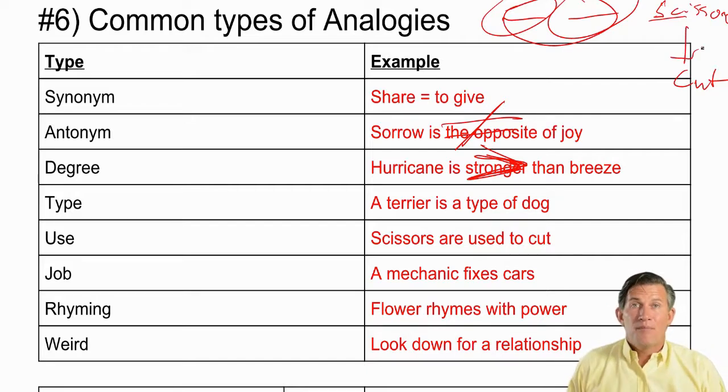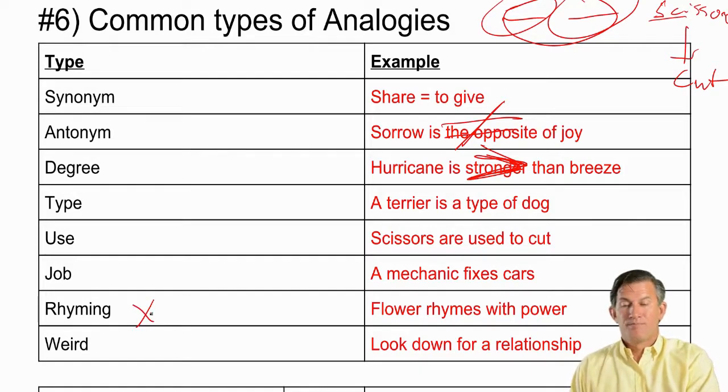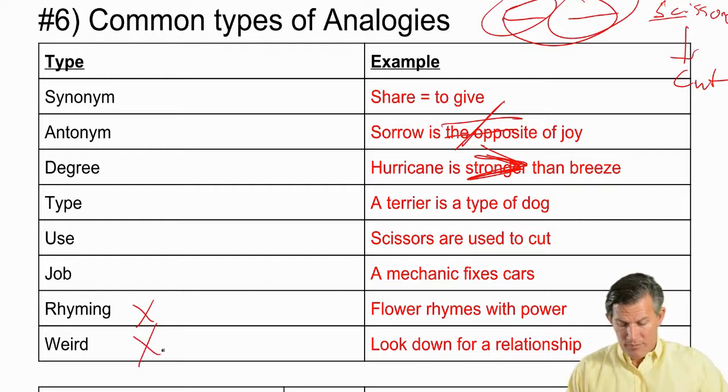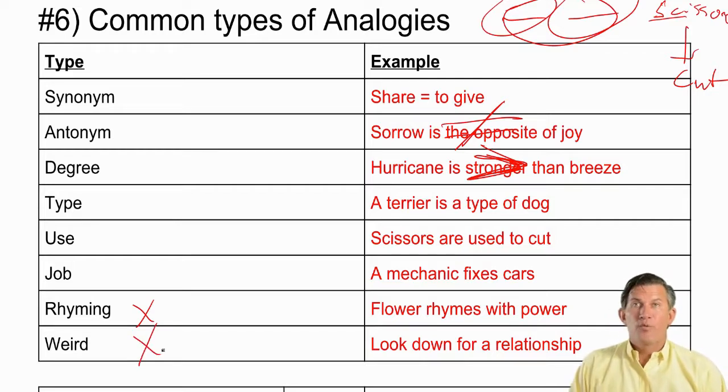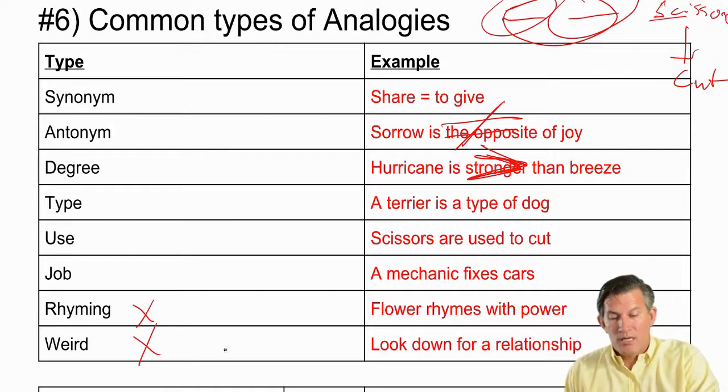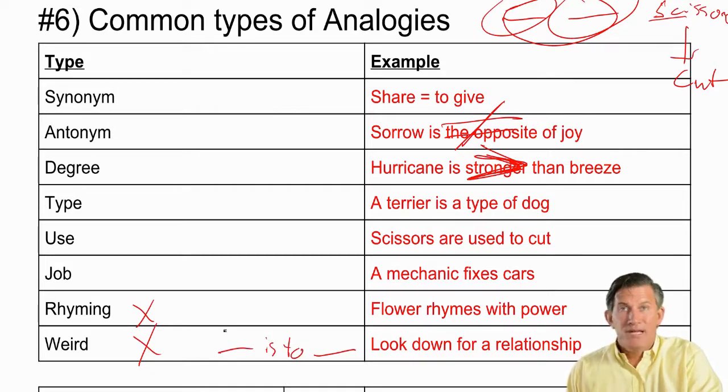Okay, the job, a mechanic, he fixes cars, or he tries to, or rips you off. I don't know. Rhyming is not a very common one. Okay, also weird is not a very common one. All right, and so for the weird, these two terms, like this is to that, they're not related.